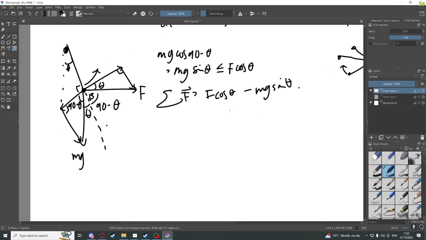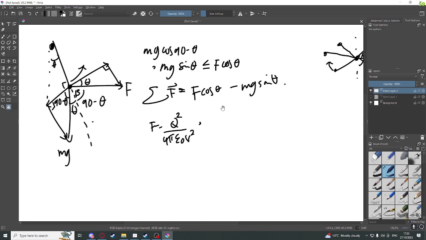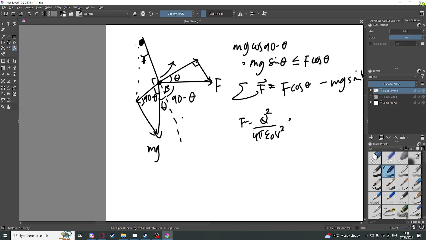And we need to find out what our repulsive force is, and F again is equal to Q squared all over 4 pi epsilon 0 times R squared. Now Q is simply a constant or a parameter, but R squared is also a variable. However, we can describe R to be a function of theta.